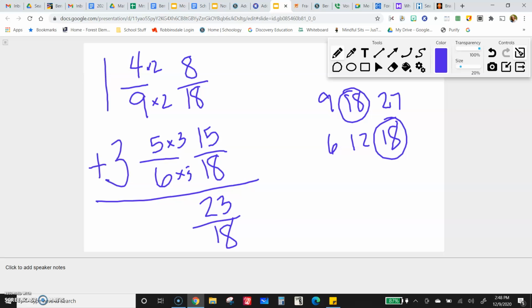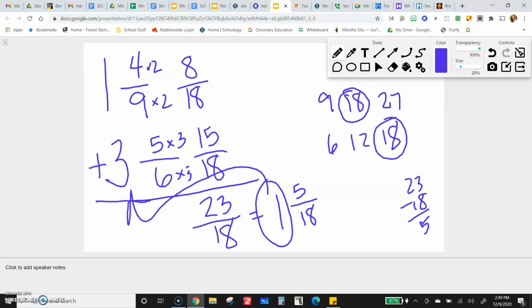Whoa! I got an improper fraction again, so I need to regroup. If I take out 1 whole, or 18/18, I get 1 left. I have 1 whole, sorry, then I have 5/18 left. If I did 23 minus 18, you'd see that I get 5 left. So then I take this one and I regroup it with my other whole numbers. 1 plus 3 plus 1 is 5.